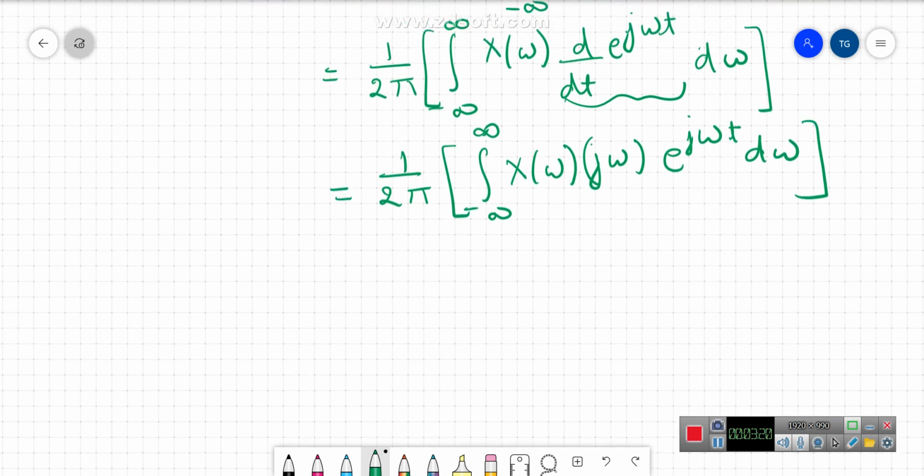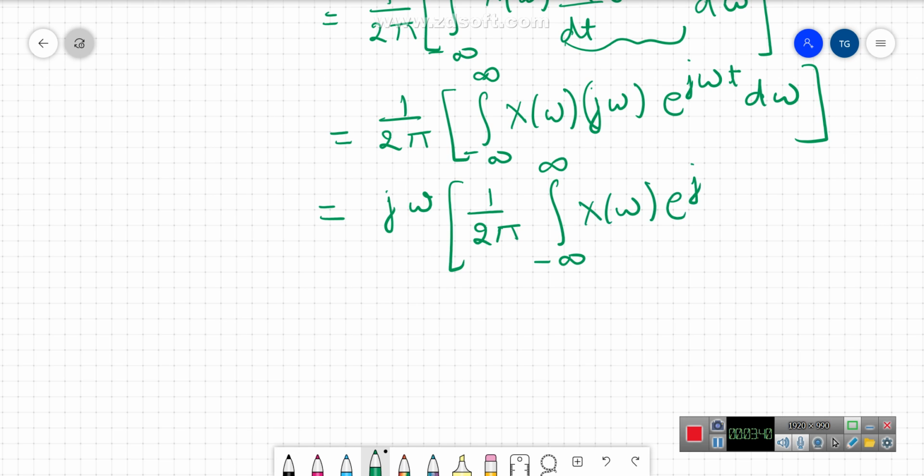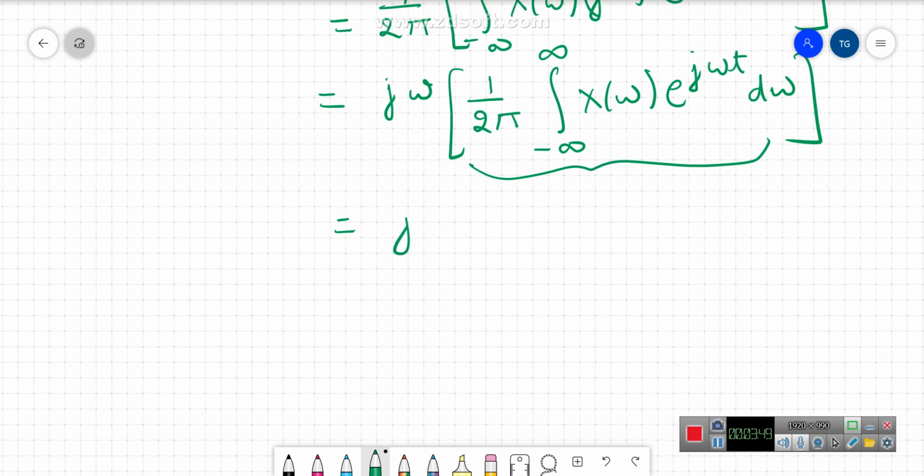So this j omega can be brought outside, and this is nothing but 1 by 2 pi integration of minus infinity to infinity X of omega e to the power j omega t d omega. So this is nothing but the inverse Fourier transform formula of x of t. So this j omega into the inverse Fourier transform of X of omega, right?